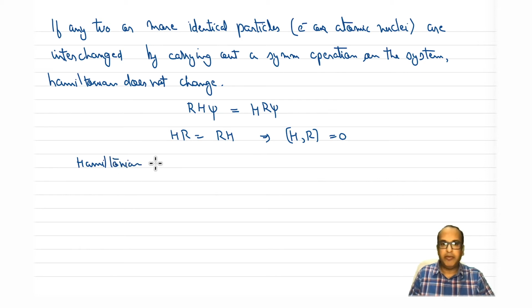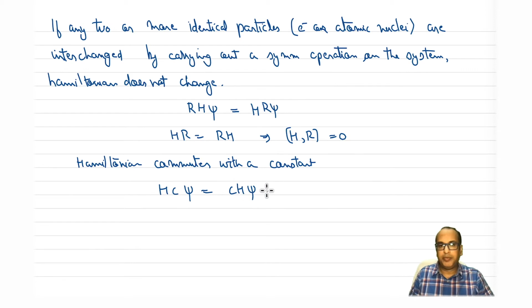in a similar way, we can say that Hamiltonian commutes with a constant, right? So we can write H C psi is equal to C H psi is equal to C E psi, right?